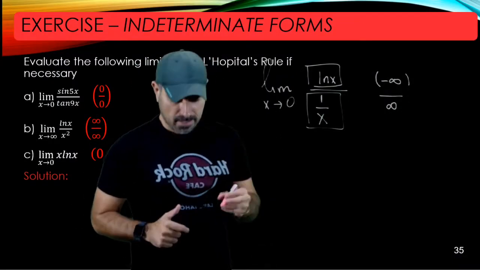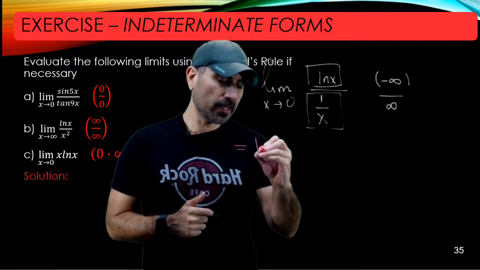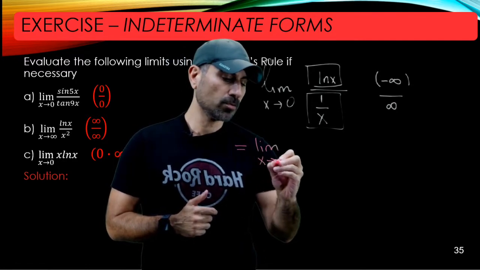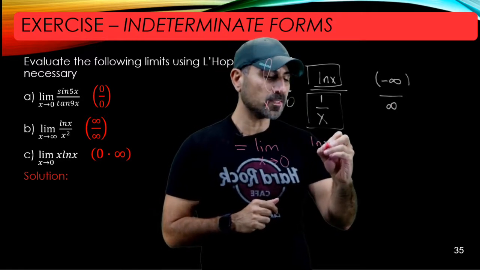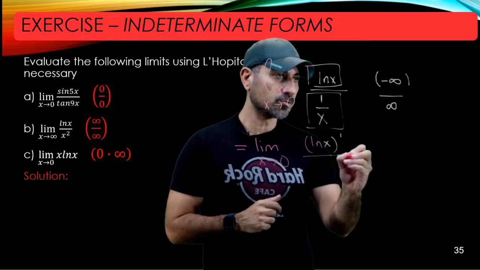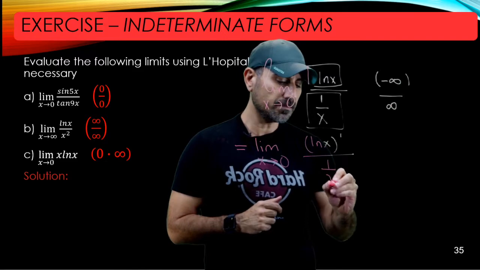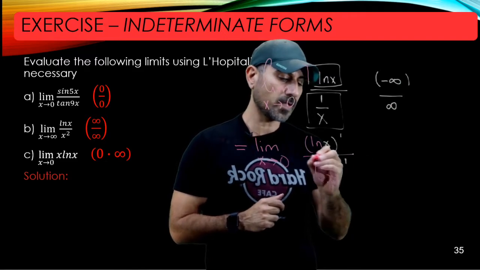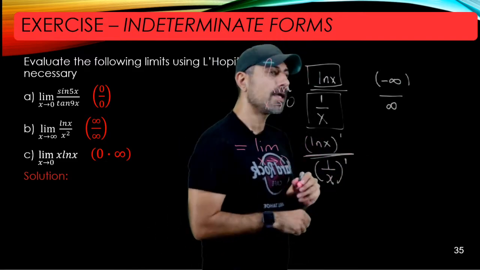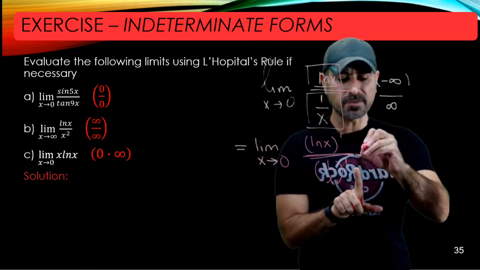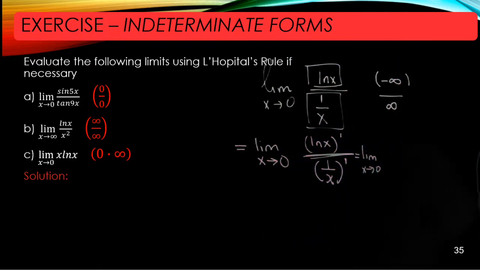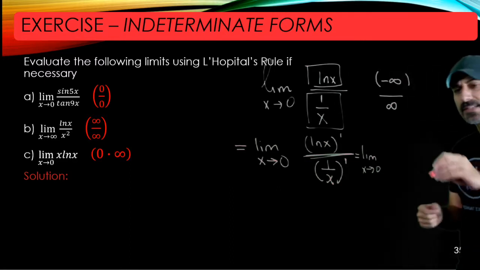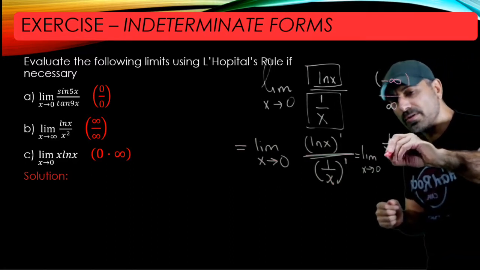So, there's one-time application of L'Hopital's rule. Let's be very specific here. So we take the derivative of the top and the derivative of the bottom. All right. So we know how to take the derivative of ln x. That's in fact 1 over x. So let me just write 1 over x here.